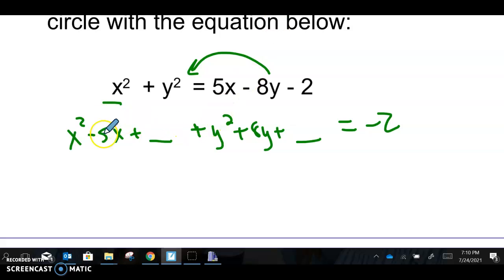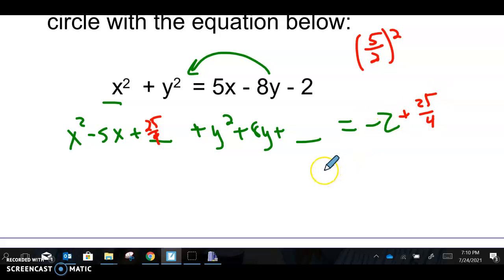To complete the square, you take half the middle term, half of 5, and square it. That's 25/4. Well, whatever I add to one side, I have to add to the other. Half of 8 is 4. 4 squared is 16. I'm going to add that to both sides.